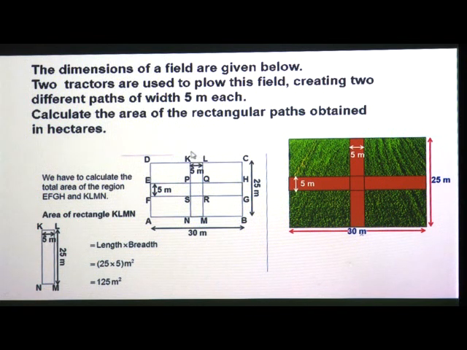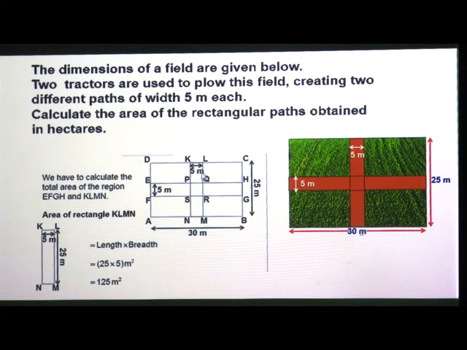You can see the figure we had drawn here and we had labeled it. So, it will be easier to find out the area of the rectangular paths obtained in hectares. We had drawn one rectangle which is labeled as A, B, C and D. Now, already two paths are given.